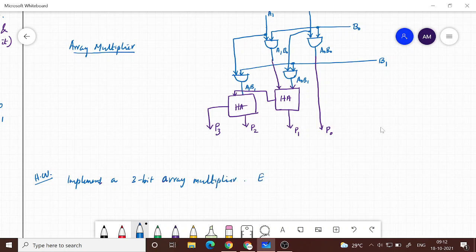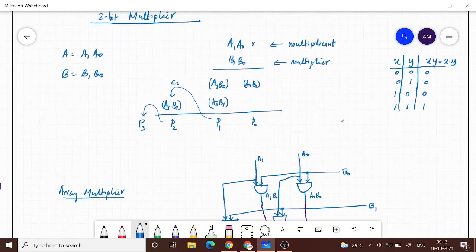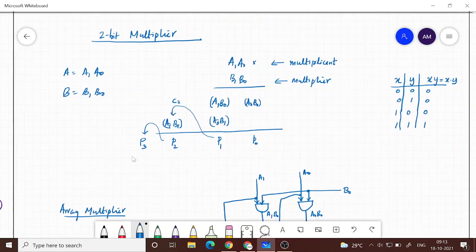And estimate the number of half adders and full adders required. In the 3-bit array multiplier case, as you can see when you write it, there will be one more row added, and each row will have 3 partial products.